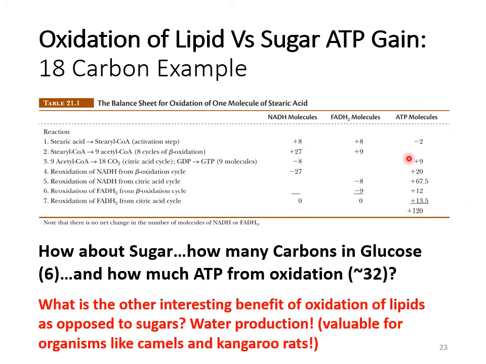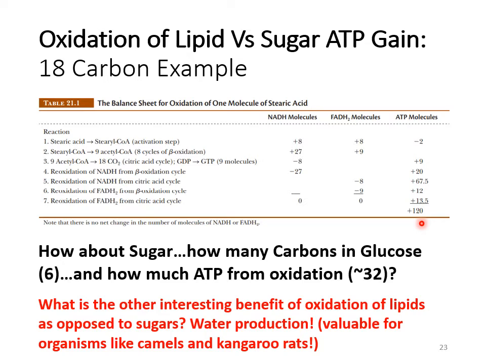So this is looking at the oxidation of one molecule of stearic acid, so the one molecule lipid breakdown. And you notice it's an 18-carbon lipid, and it gives you 120 ATP molecule yield from one oxidation.